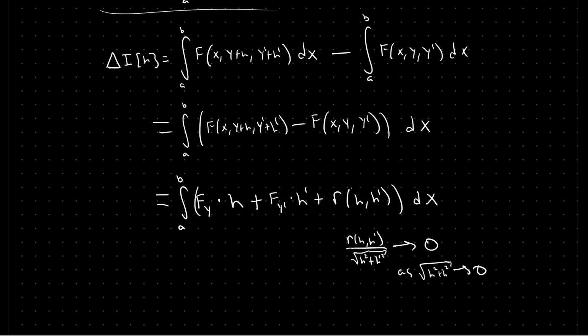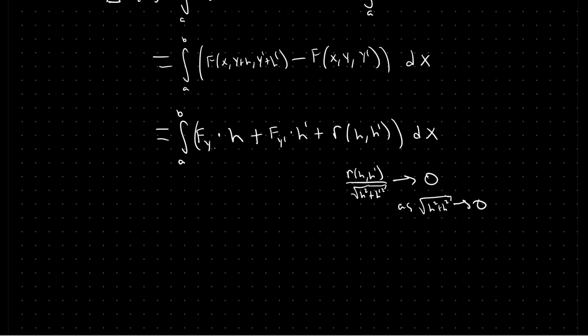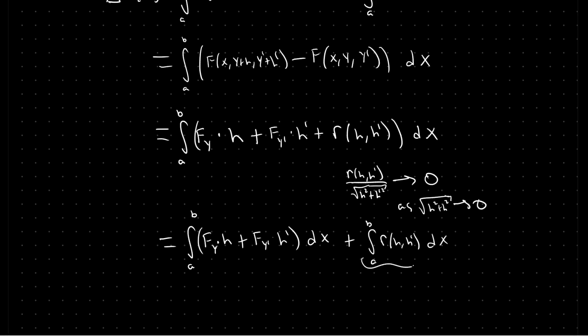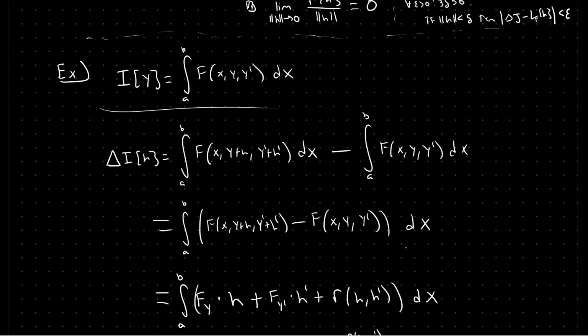And so we can separate this out using the linearity of integration. Specifically, this is the integral from a to b of f_y times h plus f_y' times h' dx, plus the integral of r, and this is exactly the remainder functional from above, depending on h.